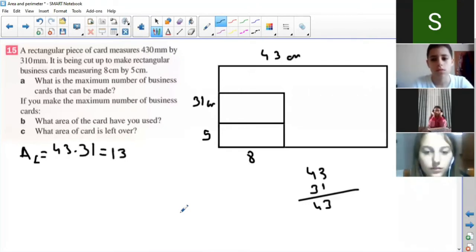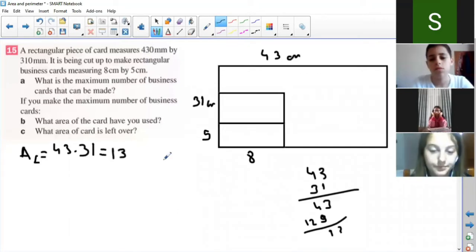So it is 1,333. Centimeters squared. So the area of the large rectangle is 1,333 centimeters squared.